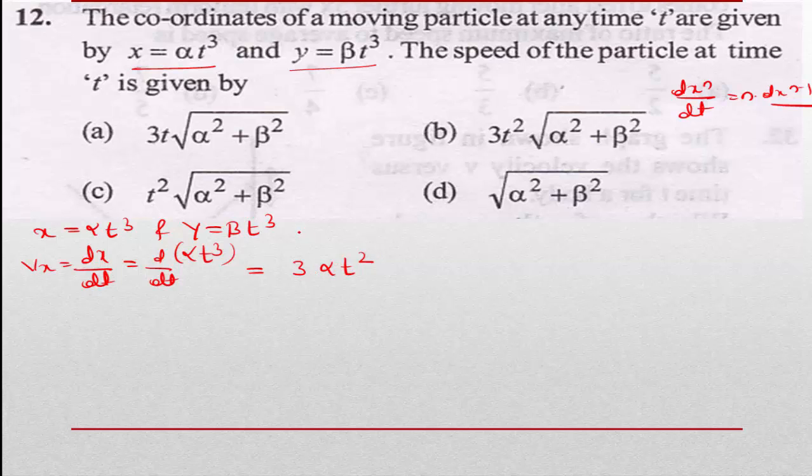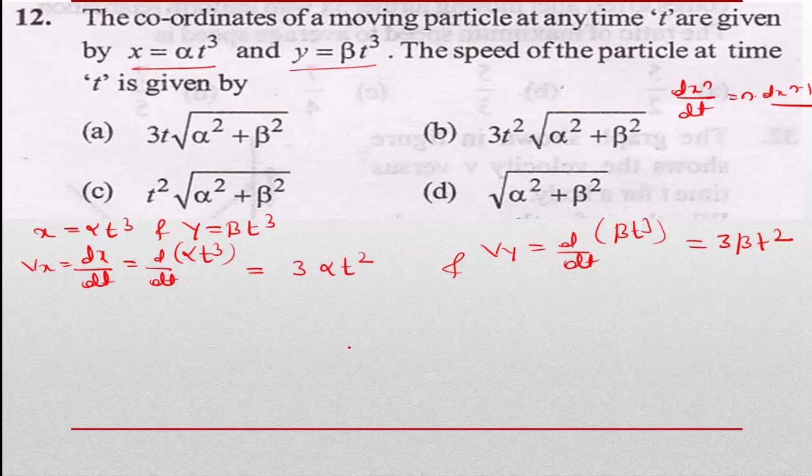So 3 alpha t square. And Vy is equal to the same process, d divided by dt of beta into t cube. Therefore 3 beta into t square.